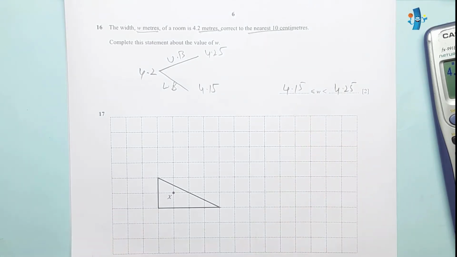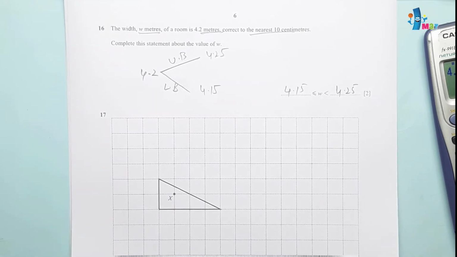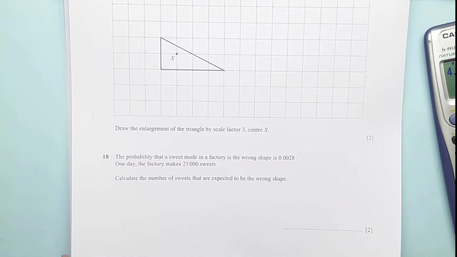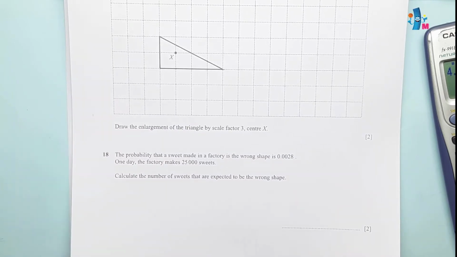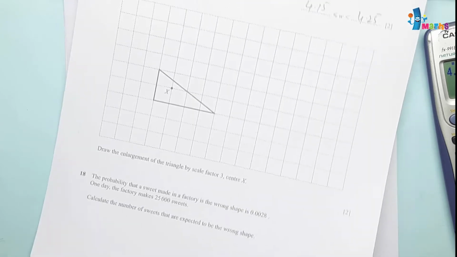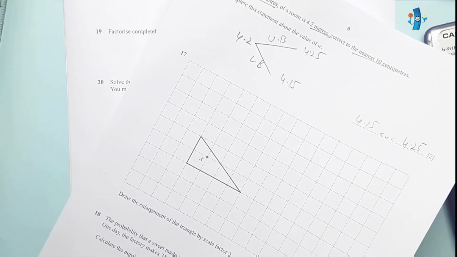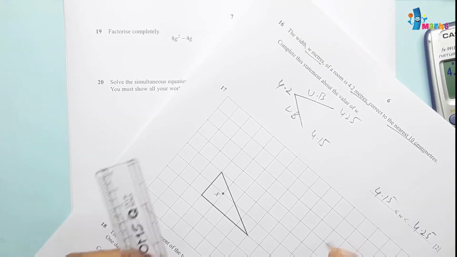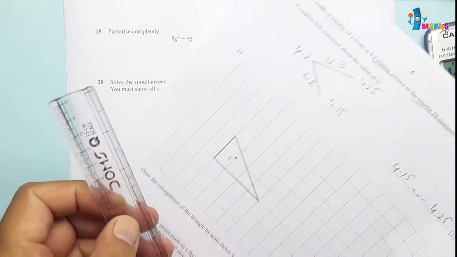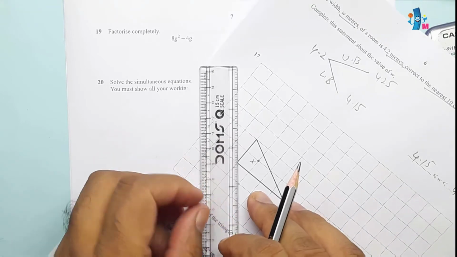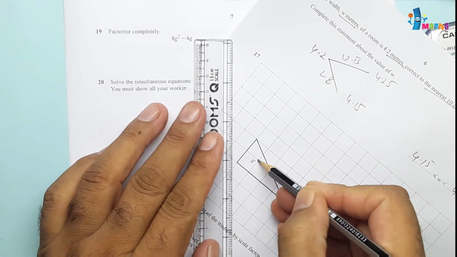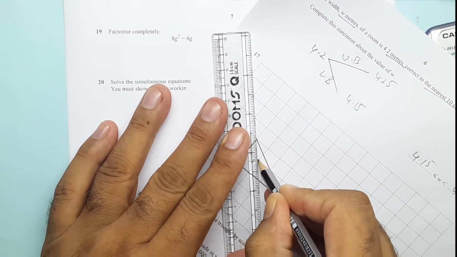Now this is question number 17, and a triangle is drawn on the grid. Draw the enlargement of the triangle by scale factor 3, center X. We'll have to basically enlarge this triangle. First of all, we will be drawing from here to this one, passing through this point.